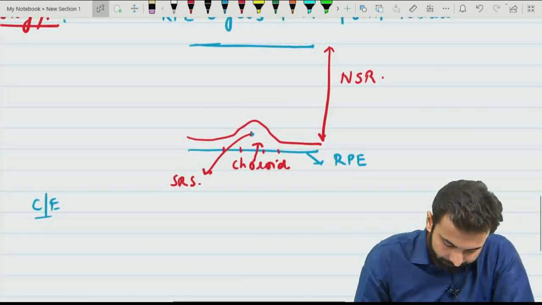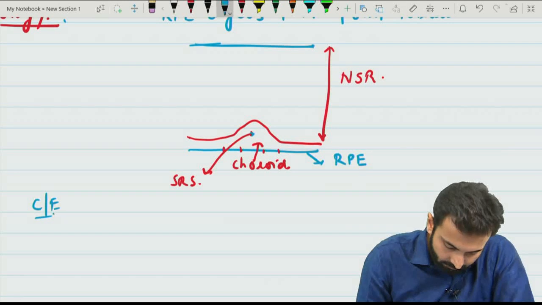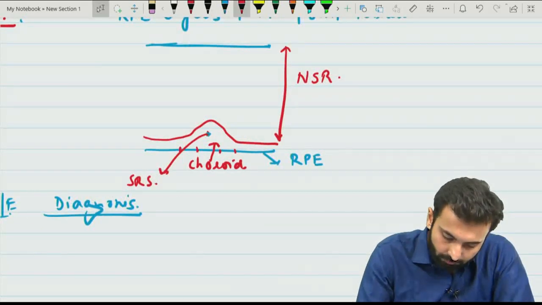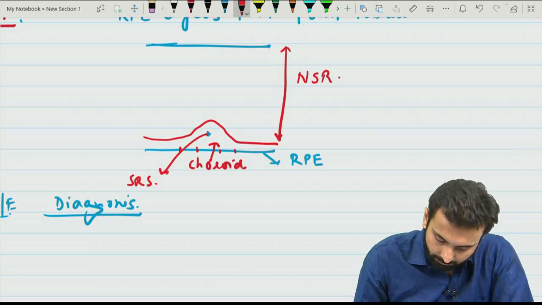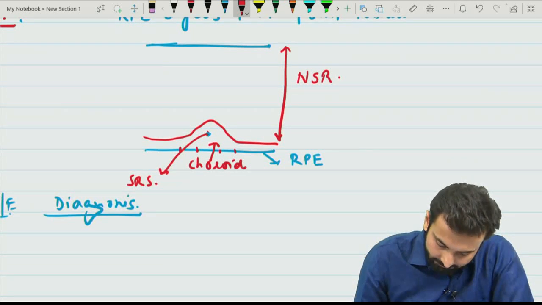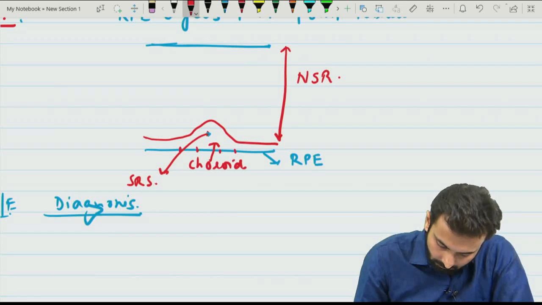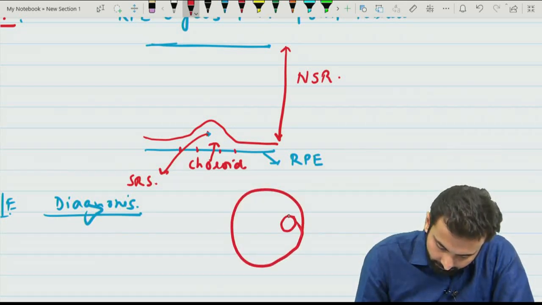Now, how will you make the diagnosis? First of all, you will do the fundus examination. On fundus, suppose this is the right eye and this is the optic disc.